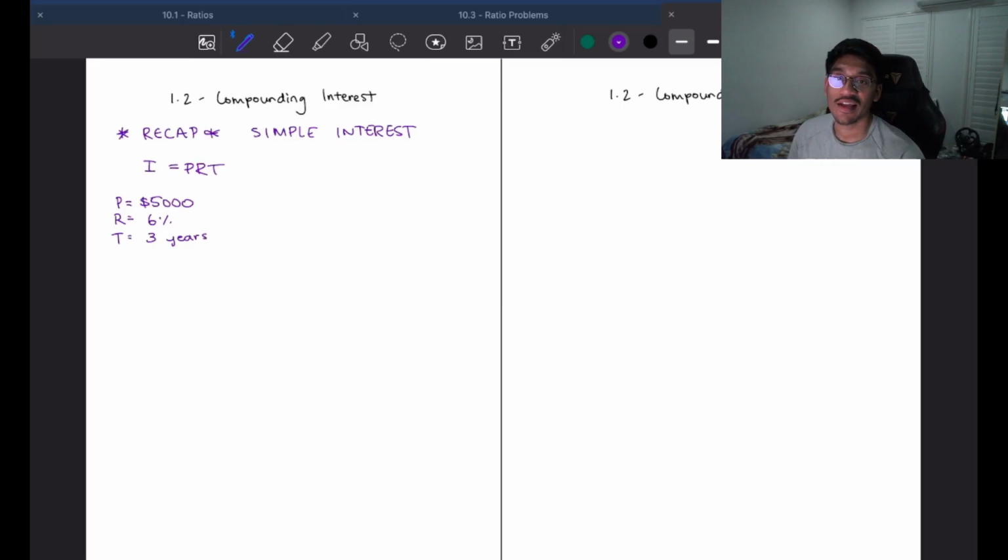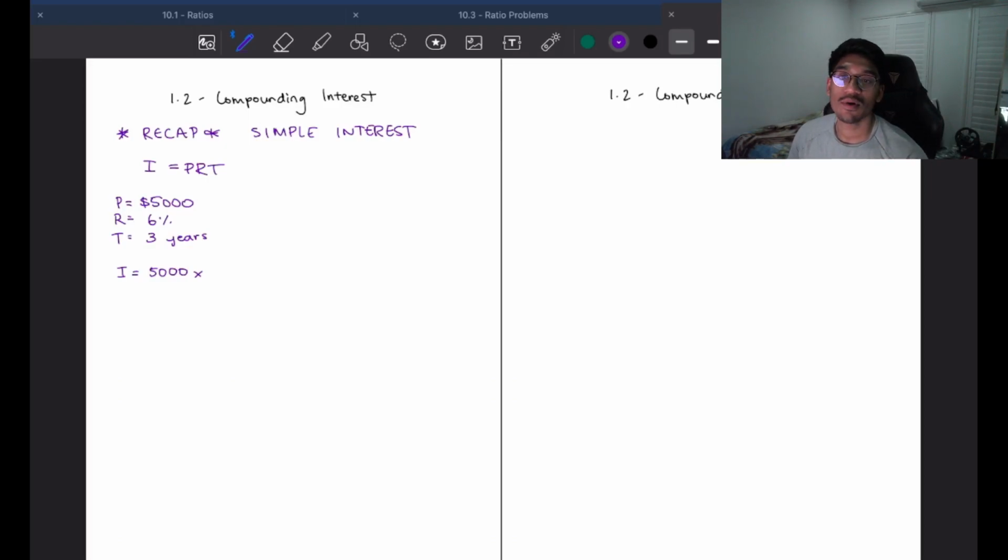If I wanted to calculate how much interest I earned on that, I'll simply put it into the formula I equals PRT. So I is equal to P, which is my principal, which is 5,000. That gets times by my rate. Remember, when we're talking about rate, I don't want it in percentages, I want it in decimal. So I take my percentage and divide it by 100.